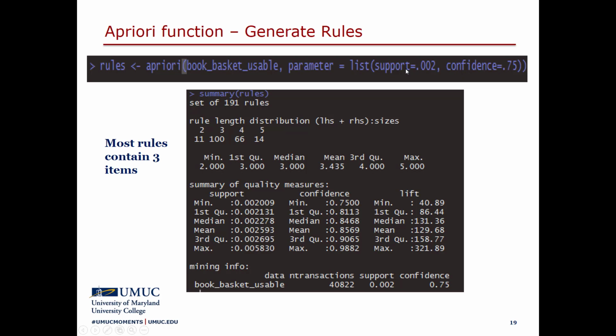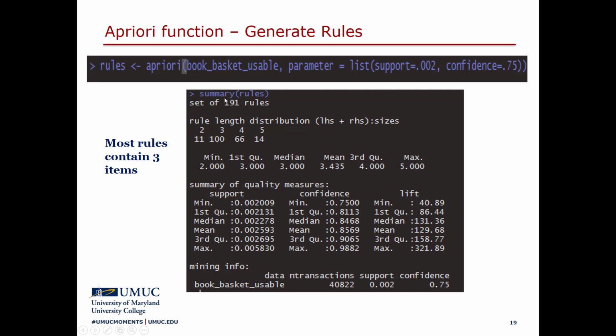Here, as we discussed, typically you put a low value for the support. Here I'm using 0.2%, and for the confidence, 75%. Now that returns the rules, so it goes through the transactions, applies the logic that we discussed earlier, and extracts the rules that satisfy this condition.